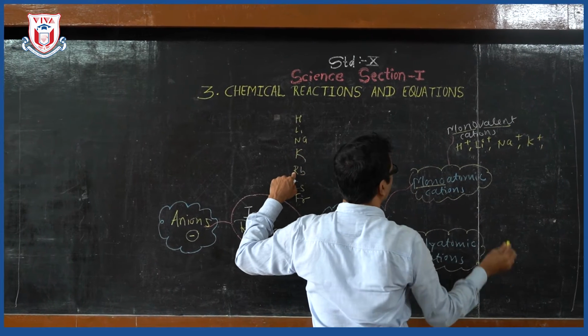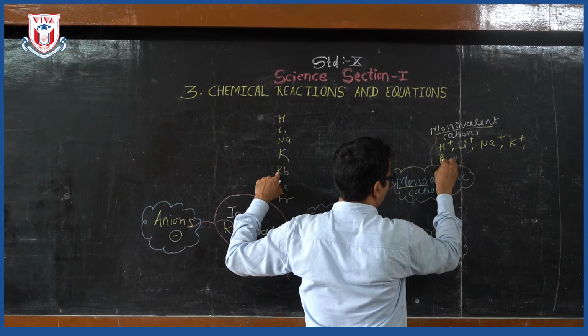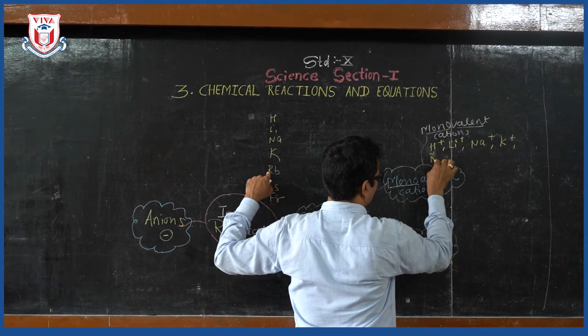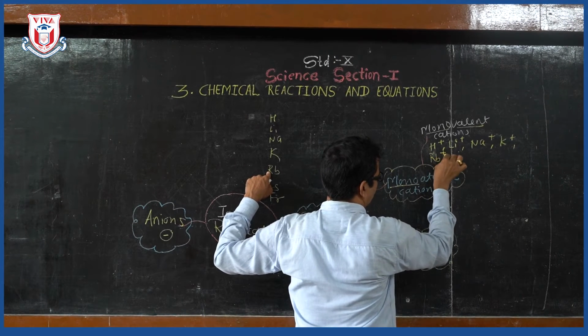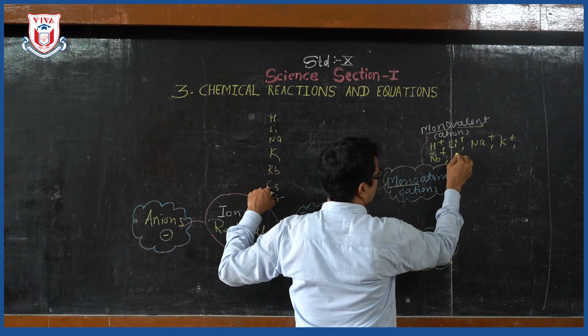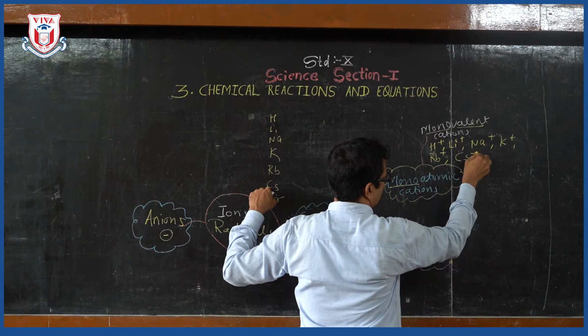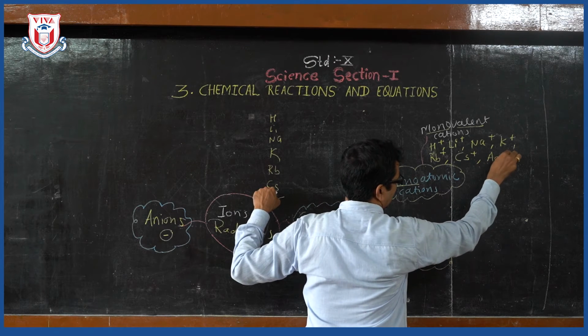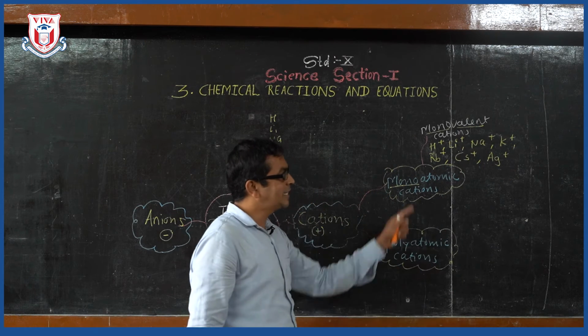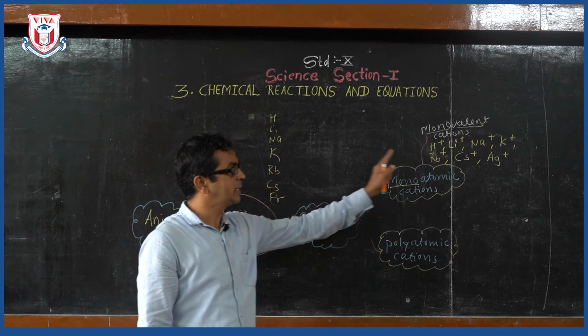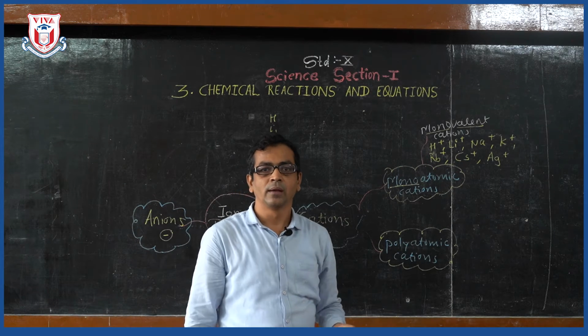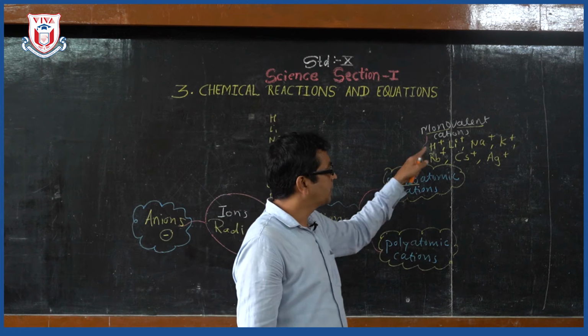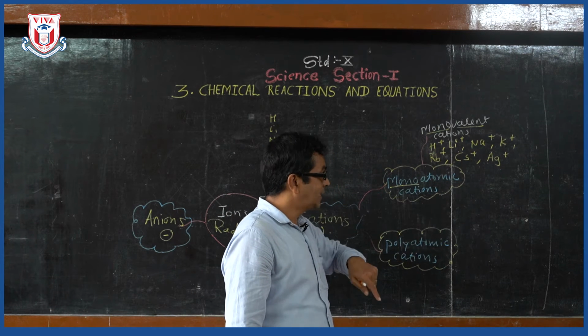You can write rubidium plus. You can write cesium plus. You can write silver, that is Ag plus. Means these are the elements, the atoms of these elements will lose one electron and convert into respective cations.